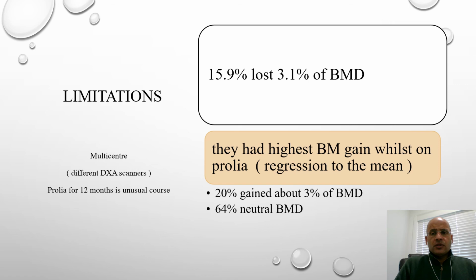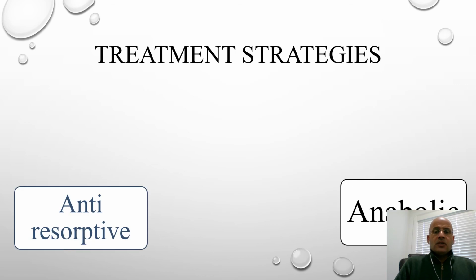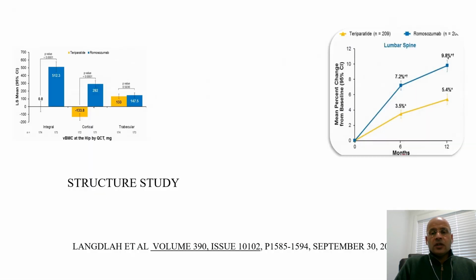well after denosumab. So how about if we move to the other option, and that is starting with anti-resorptive and switching over to anabolic.